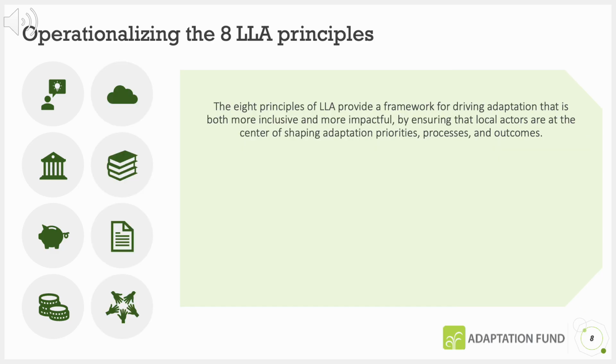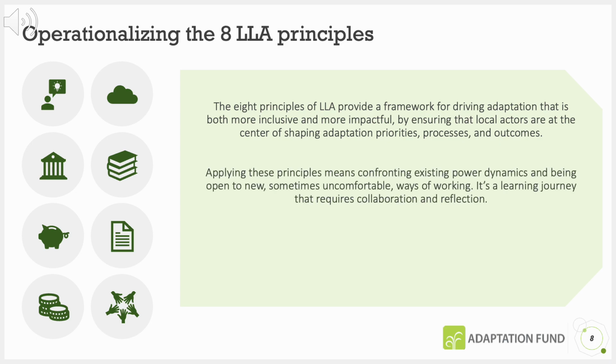The 8 principles of LLA provide a framework for driving adaptation that is both more inclusive and more impactful by ensuring that local actors are at the center of shaping adaptation priorities, processes, and outcomes. Applying these principles means confronting existing power dynamics and being open to new, sometimes uncomfortable, ways of working.